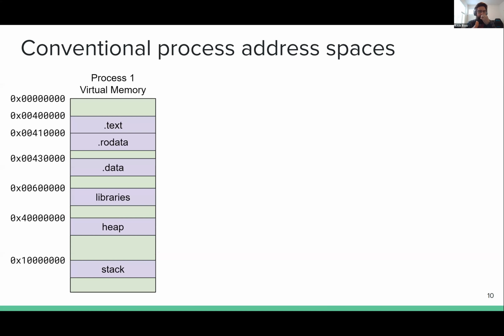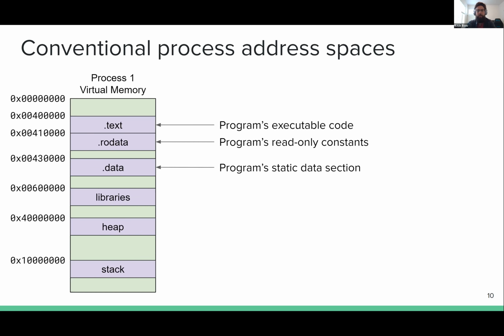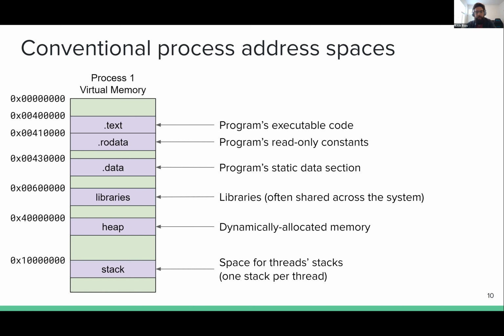So on Linux, for example, you'll typically see the text section, which is the program's executable code, mapped starting at this address, hex 400,000. And then, depending on the size of all these other parts of your program executable, you'll have your read-only data, your writable data, and then space for libraries, which are typically shared across the system, across all of the address spaces, like libc or something. And then space for your heap, and space for all of the stacks for each thread in your process.